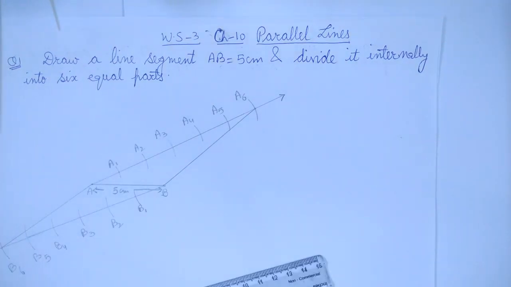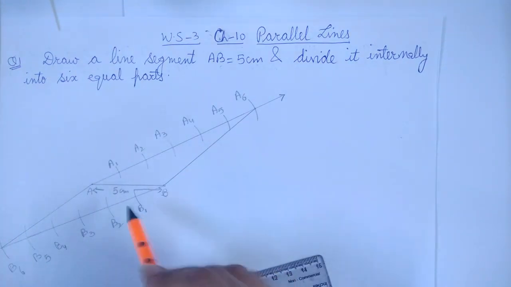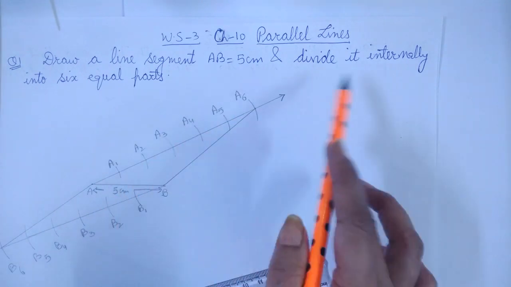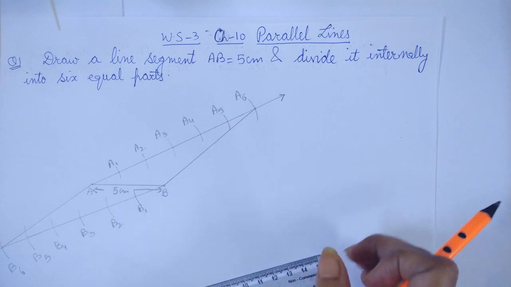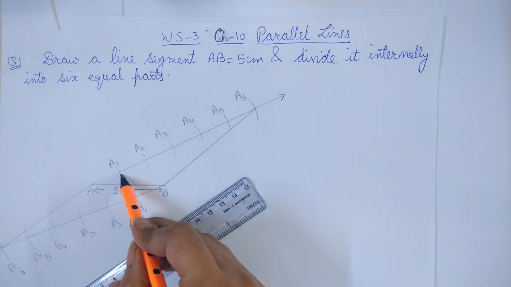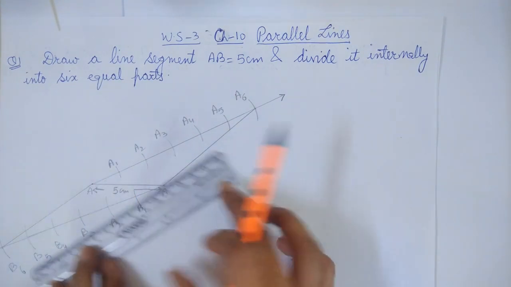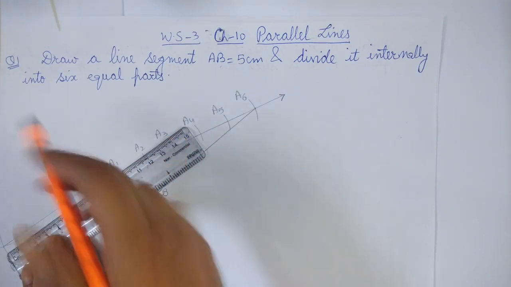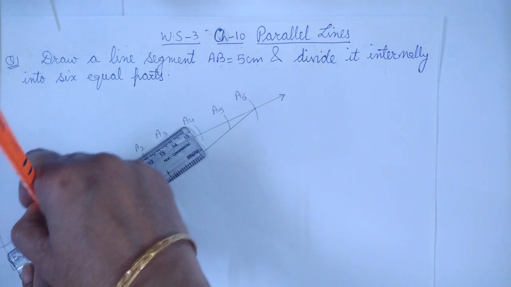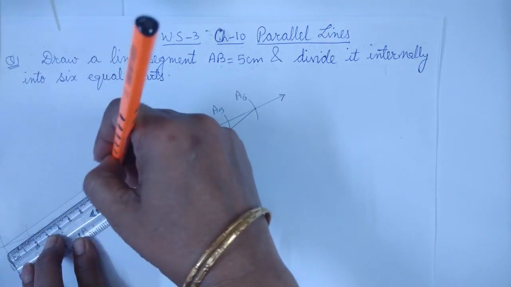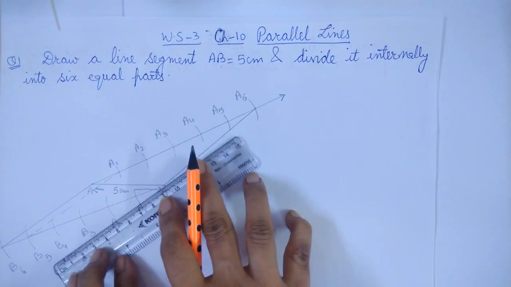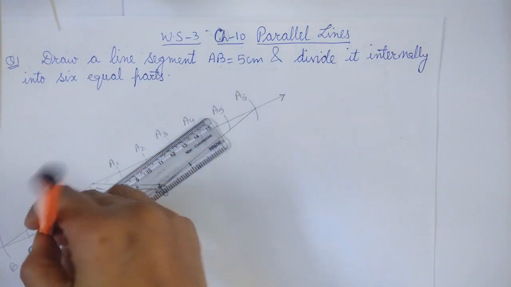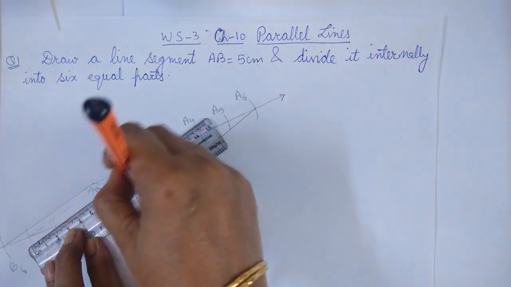Now, since you have to divide AB internally into 6 equal parts, A1 join it with B5 like this. You can show it with the dotted line if you want. A2 with B4.